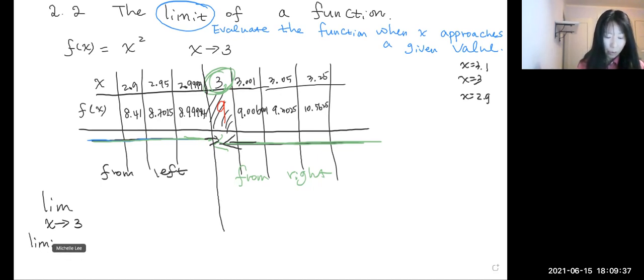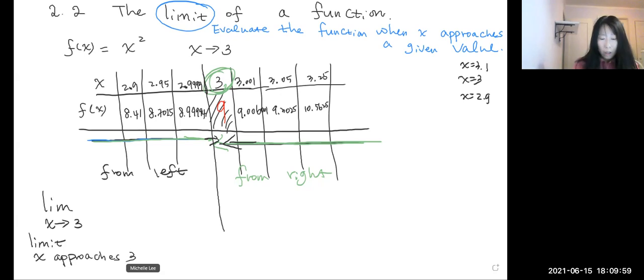So we read this way: limit, x approaches 3 of x squared.